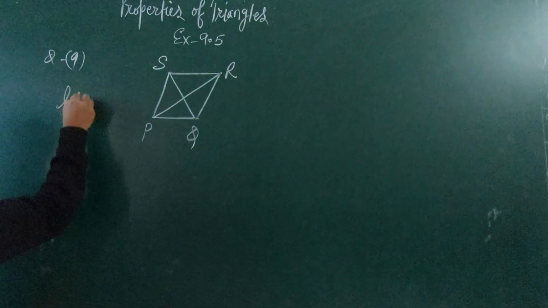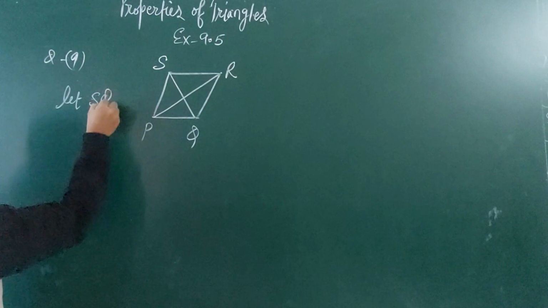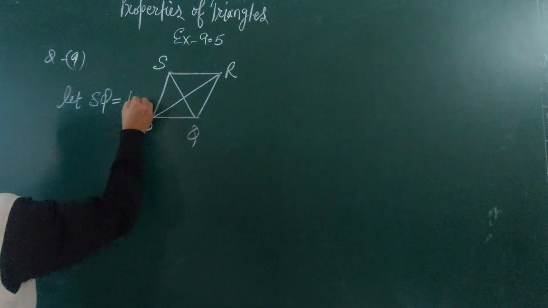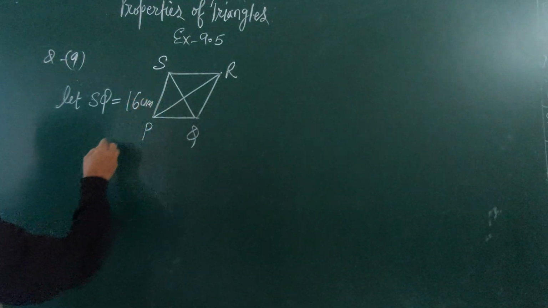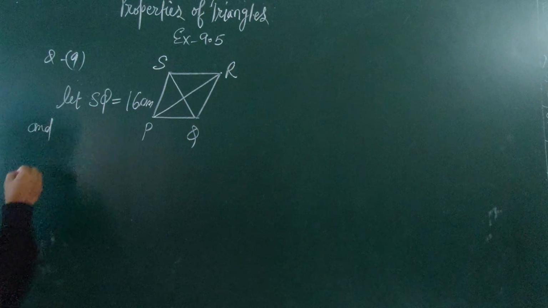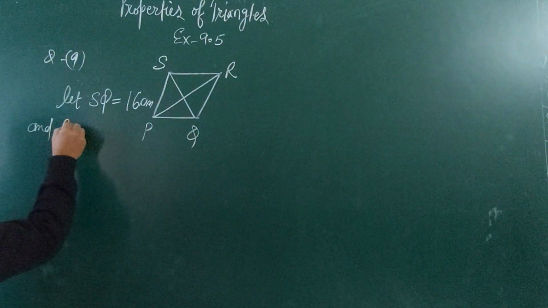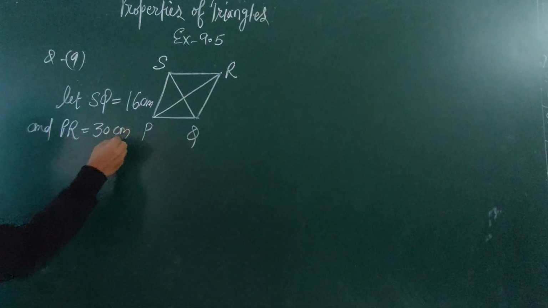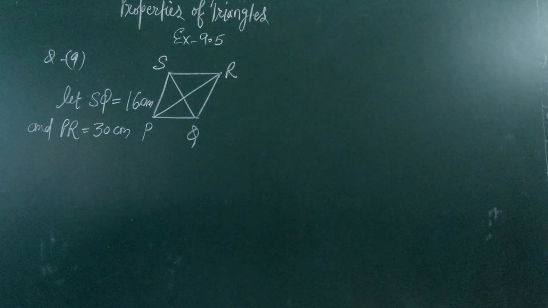So let SQ be equal to 16 centimeter and PR be equal to 30 centimeter. Find its perimeter.